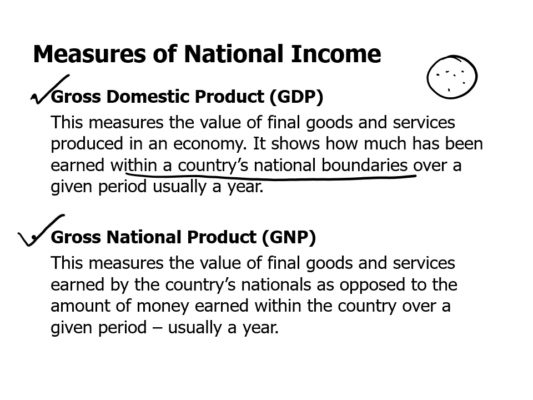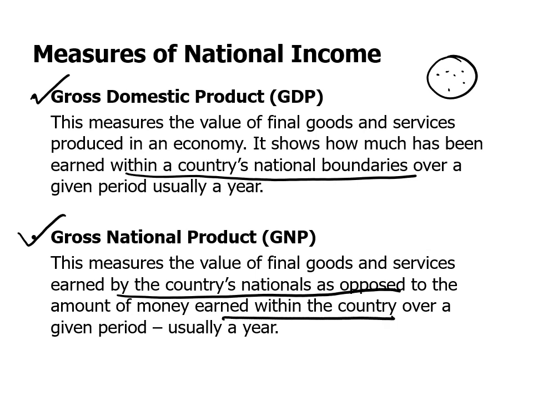How is this different from the gross national product, the GNP? Let's look at that. The GNP measures the value of final goods and services earned by the country's nationals, as opposed to the amount of money earned within the country over a given period, usually a year. So what are we saying? What's been earned by the country's nationals, okay, as opposed to earned within the country over a given period.